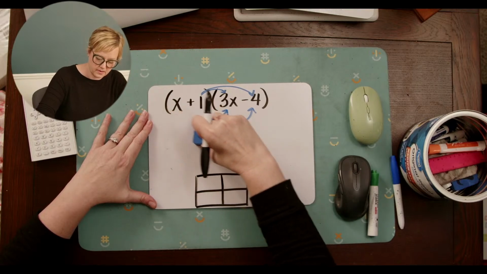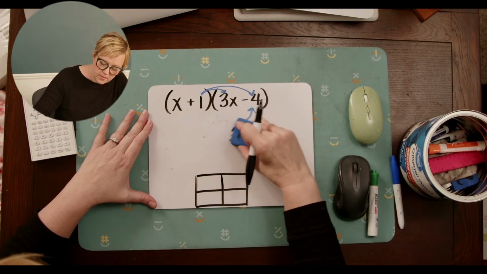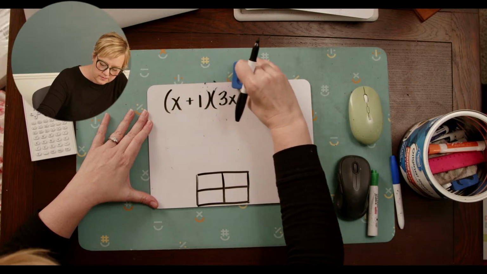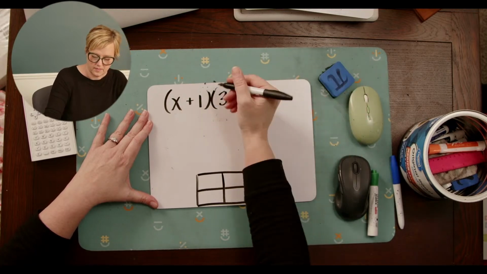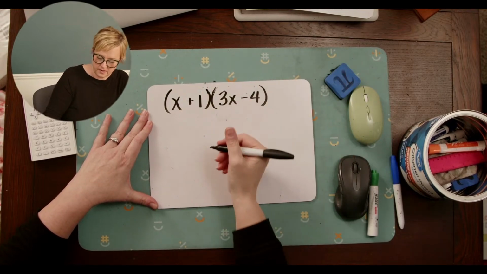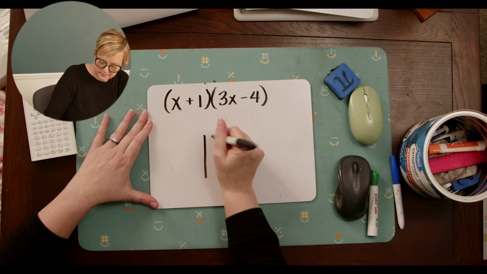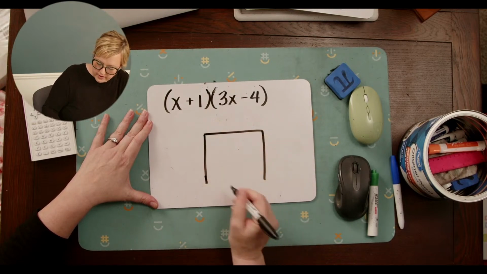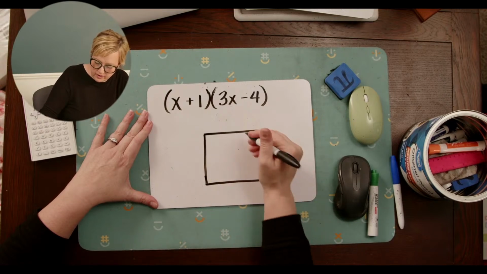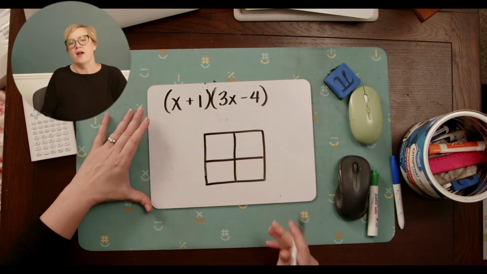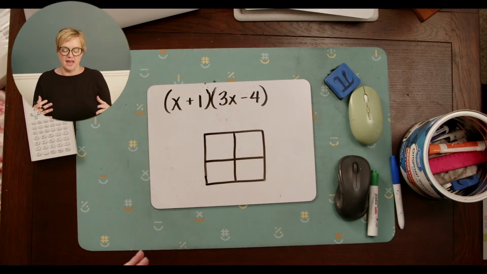So for multiplying these together, I'm going to draw this a little bit bigger. Again, this is a clearer way of showing what you're doing, where you're actually multiplying these together, okay?